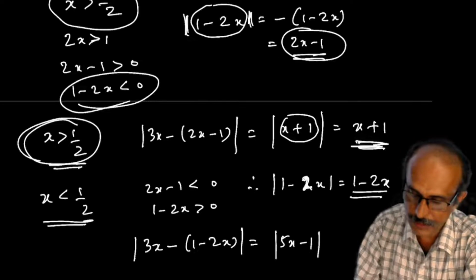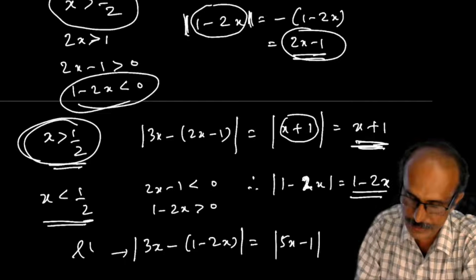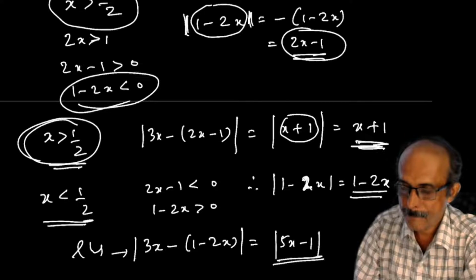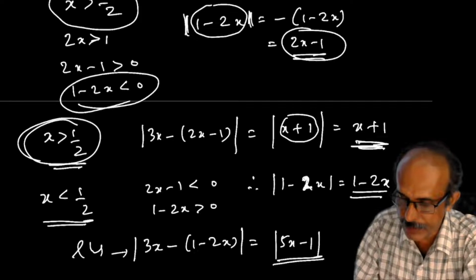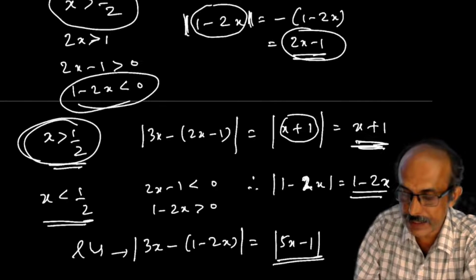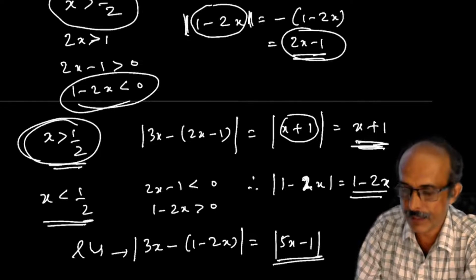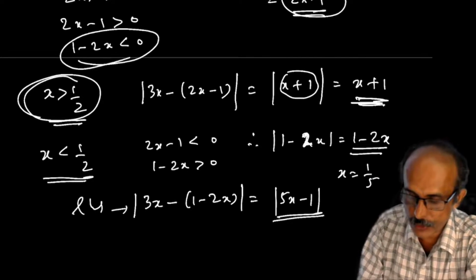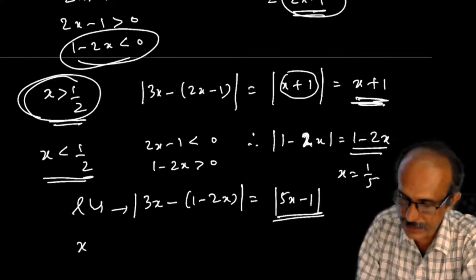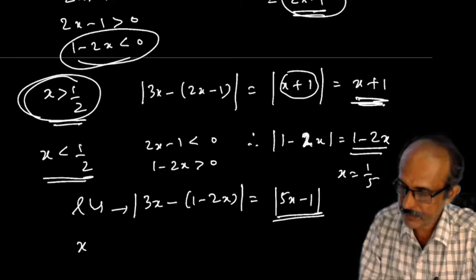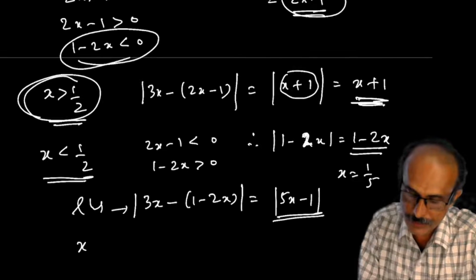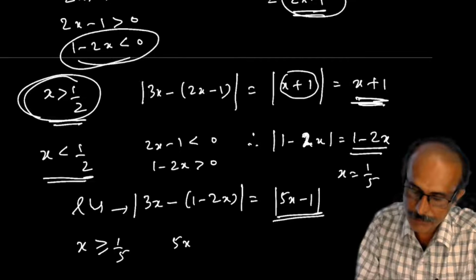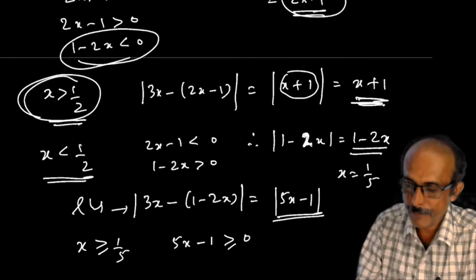So under this assumption, we are having the left hand side equal to mod of 5x minus 1. Again the sign of this depends on whether x is greater than or less than 1 by 5. So x equal to 1 by 5 is a point where it changes. So you should look for what happens if x is less than and greater than 1 by 5. Suppose x is greater than or equal to 1 by 5, what happens? 5x minus 1 is positive, not negative.